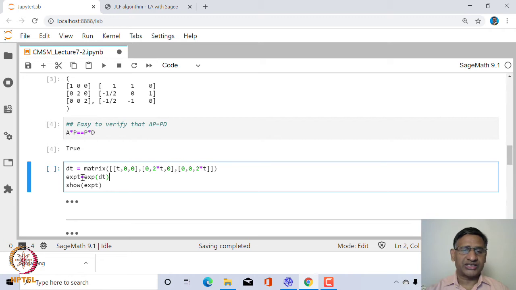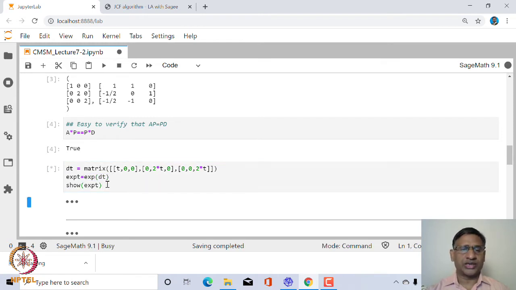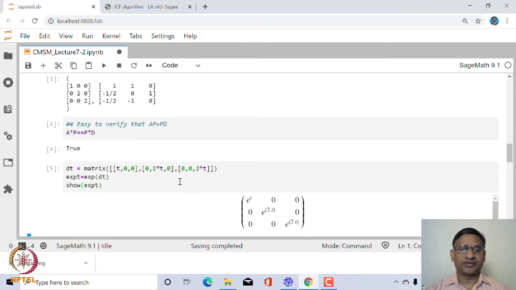And then Sage has an inbuilt function to find the exponential of a matrix as well. So if I say exponential of dt, it will give you the exponential. So let us look at what is the exponential of this matrix. The exponential of a diagonal matrix is nothing but the diagonal matrix of the exponentials of the diagonal entries. So e to the power t, e to the power 2t, e to the power 2t, right.